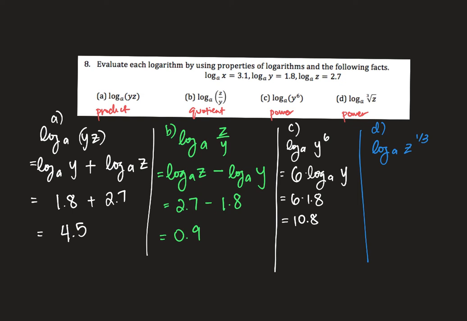So I'm going to bring that over to the front. 1/3 times log base a of z, which is 2.7. Which gives us 0.9. It's important to note that just because these are both 0.9 for letters B and D, they're not always going to be equal. They just happen to be equal for this situation.